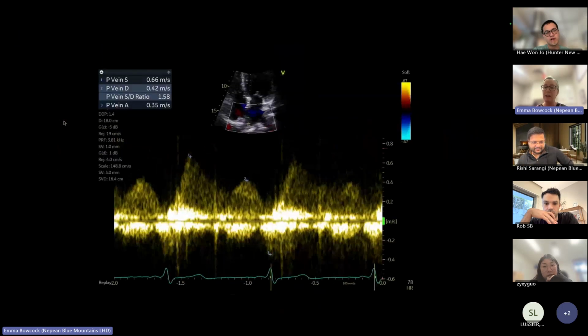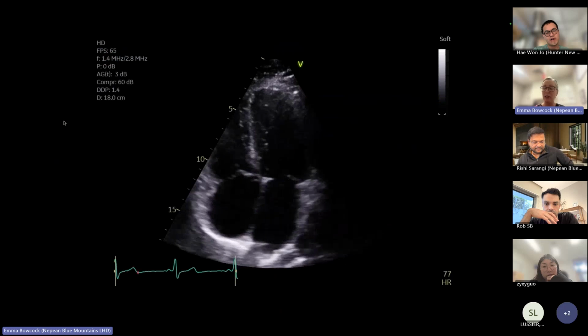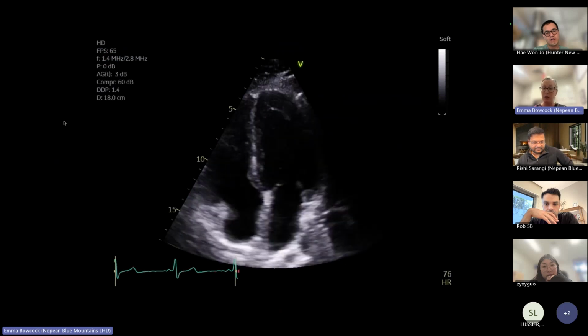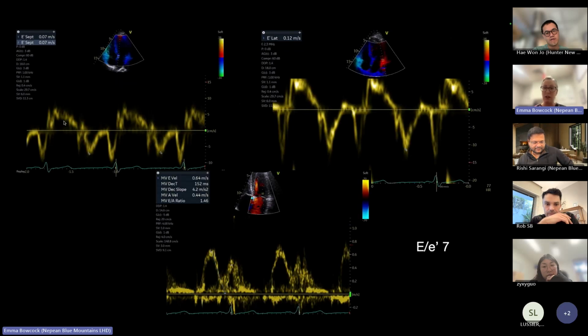I think you said everything right about normal biventricular systolic function. Doesn't seem like she's got raised left atrial pressures. Probably those E primes are a little bit lower than you might expect. They do tend to drop a little bit, especially towards the end of pregnancy, where your SVR, obviously it's dropping throughout the whole of pregnancy, does start to increase a little bit towards the end, and your E primes can fall ever so slightly.